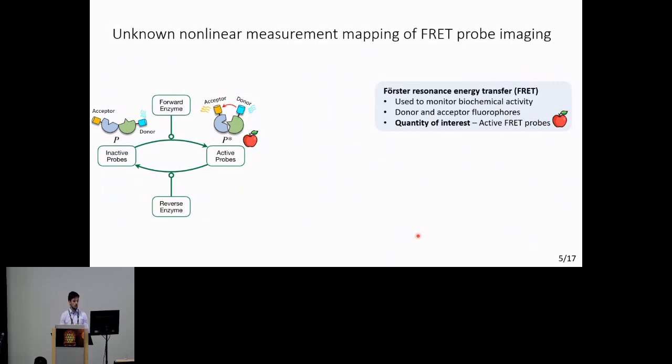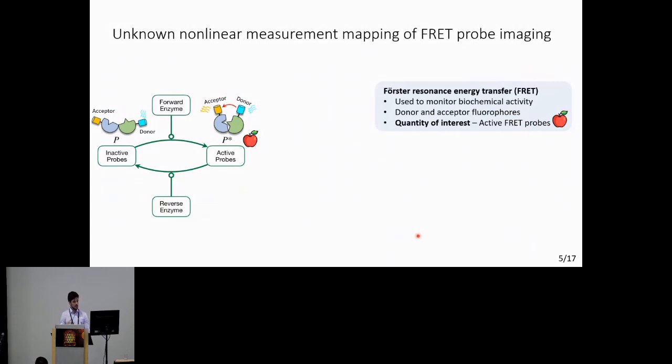So there are these fluorophores that are connected to either one: the donor fluorophore and the acceptor fluorophore. Then some light, excitation light, is emitted to the donor fluorophores, which you see with these cyan little arrows.